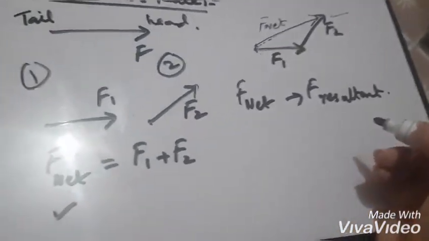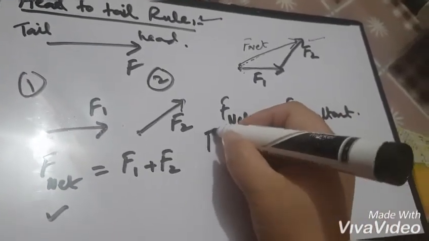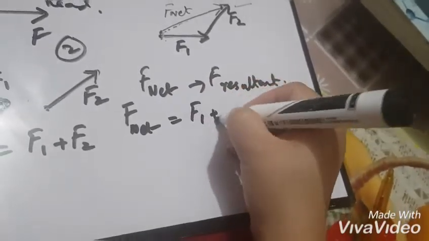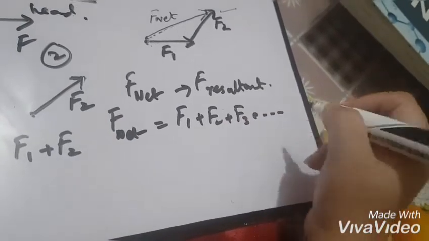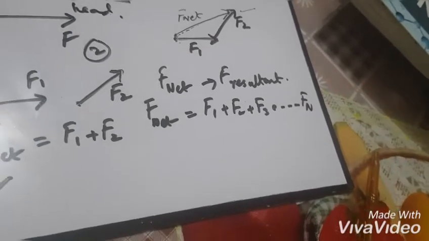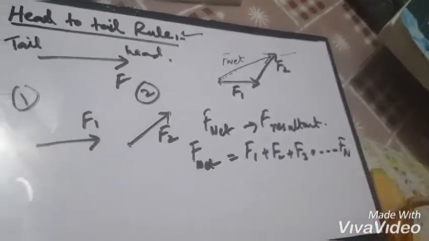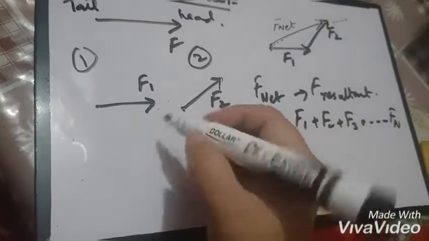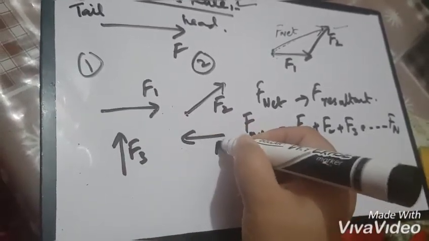If I have multiple vectors, more than two, then I know the rule: f net, as I told you yesterday, is f1 plus f2 plus f3 plus so on, and so many vectors can be added. Let us consider we have more than two vectors, then how can we add all these vectors? Follow this diagram. f1 is in this direction, f2 is in this direction, f3 is in this direction and f4 is in this direction.